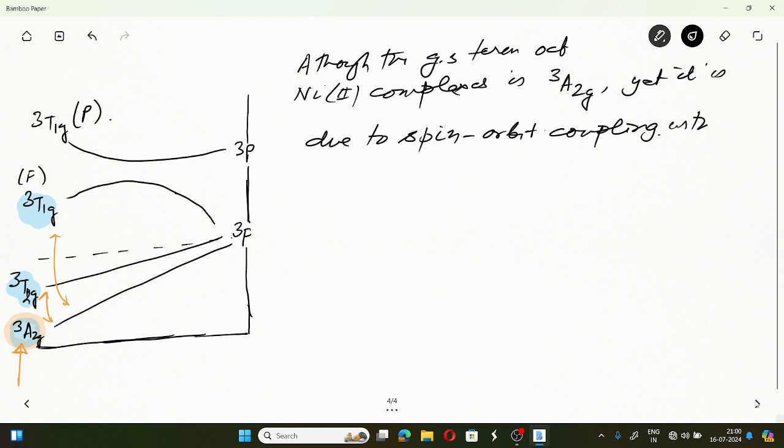It is due to spin orbit coupling with the excited state triplet T2G, mainly.